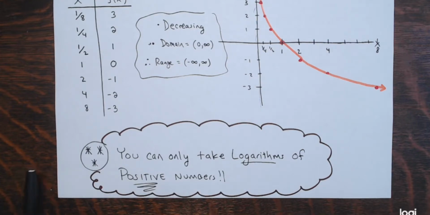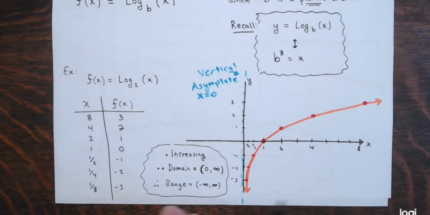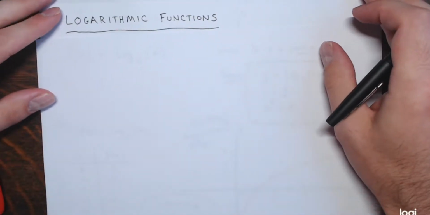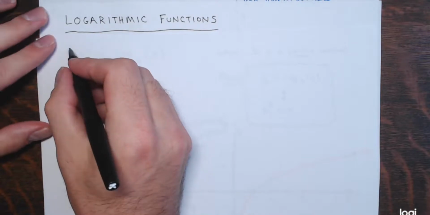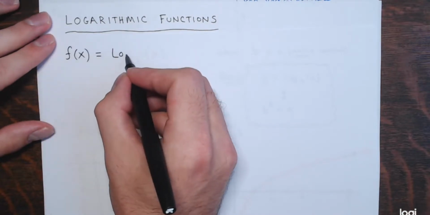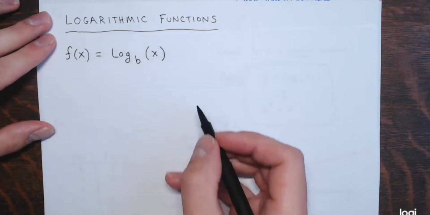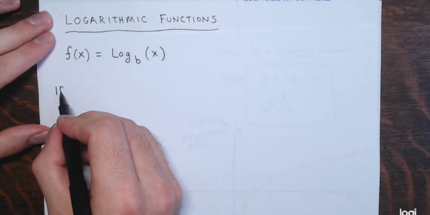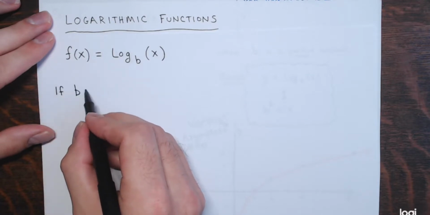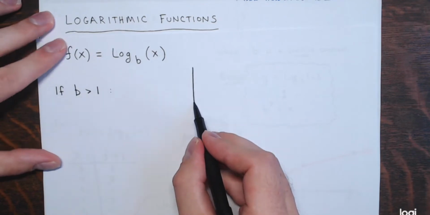All right, so now I'm going to write a general statement about these basic logarithmic functions. So going back to the original page here. So for f of x equals the log base b of x, if b is greater than 1, then the graph will look like this.